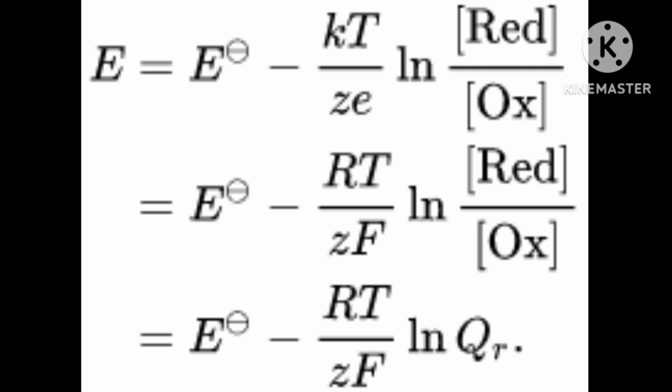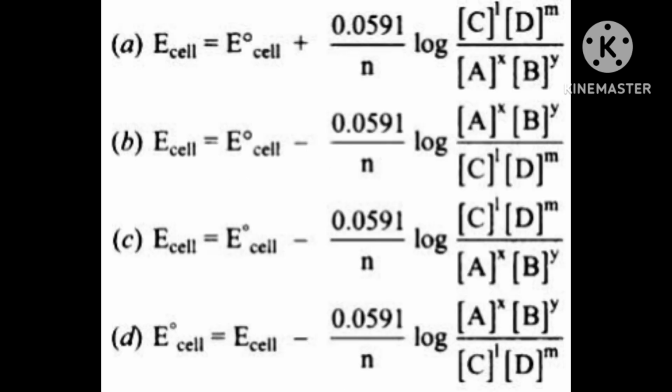For these two steps also marks are given: for writing the correct anode and correct cathode, and for representing the cell. After that you apply the formula. Then these three steps are very, very important in solving the numericals.